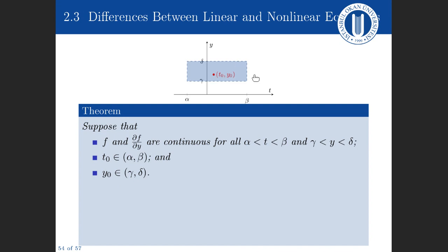So in other words, look at the picture at the top. Imagine we have this rectangle, t between alpha and beta, y between gamma and delta. We need f and df/dy to be continuous on this rectangle, and we need the point t0, y0 to be somewhere inside this rectangle.